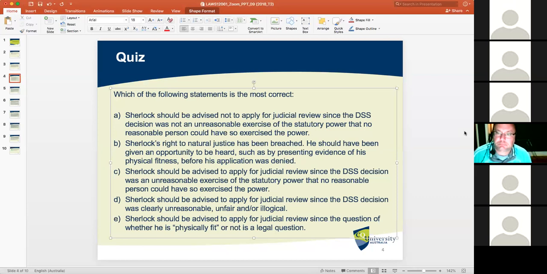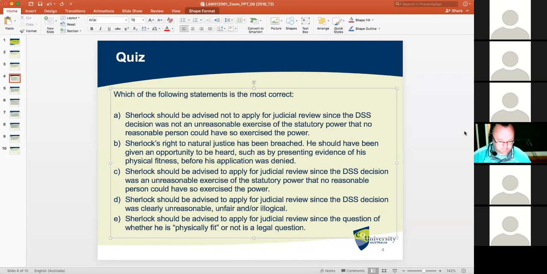Very good. So the key point here, you got the answers right, I think all of you did, mainly because even though Wednesbury unreasonableness is a ground for judicial review, and as I said, it's in Section 5.2G of the ADJR Act of 1977 Commonwealth, actually the courts have said that it is not easy to find instances when a decision actually meets the standards of Wednesbury unreasonableness.